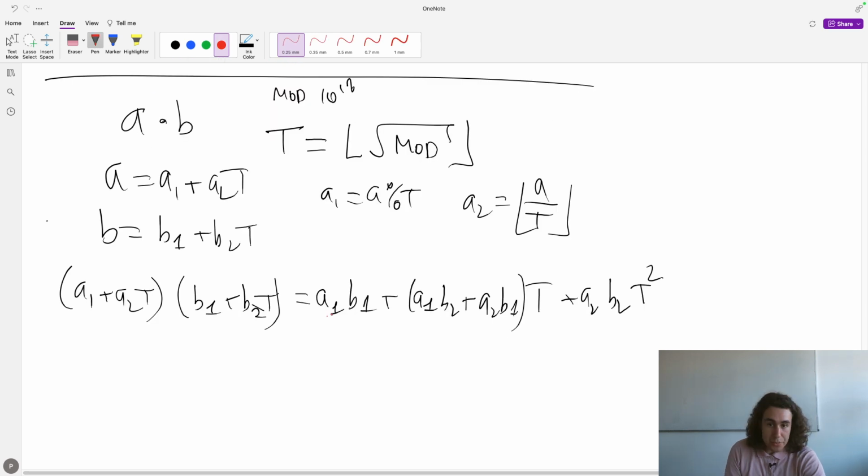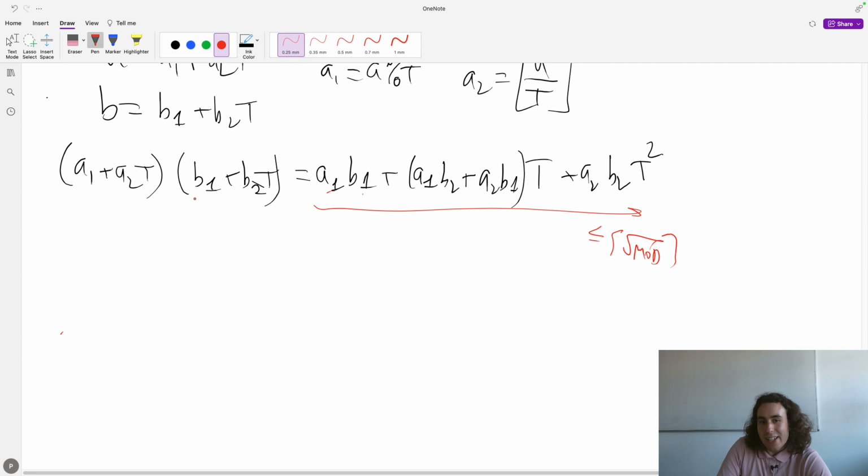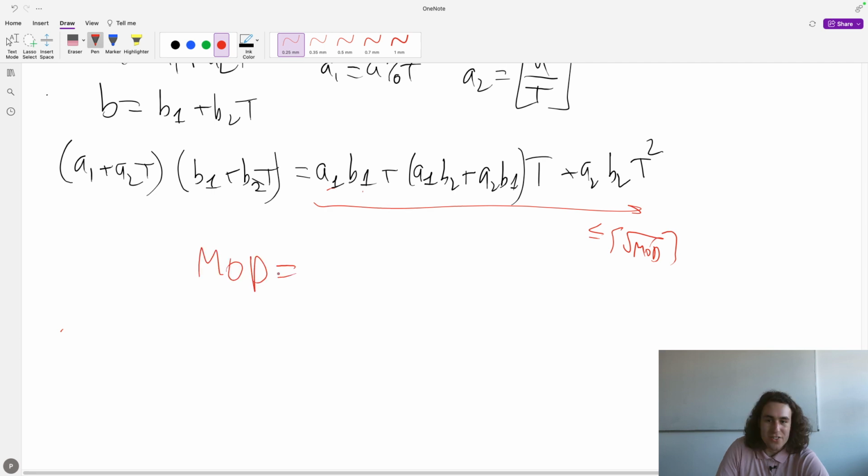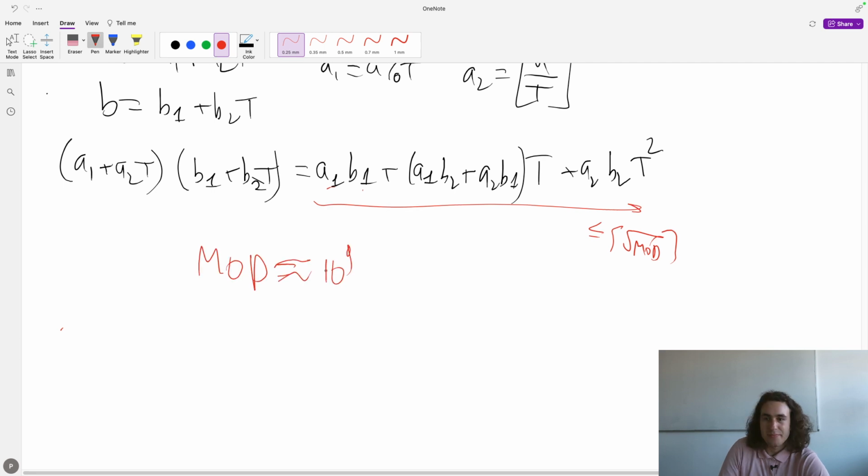And if we compute it like multiply, take mod, multiply, take mod, all the values that you see here are at most like square root of mod. So if you multiply them, you're going to have at most mod values. So you still live inside this 10 to the 18. And we can do exactly the same thing, right? In our case, modulo is actually just 10 to the 9, approximately. But we can do the same thing.